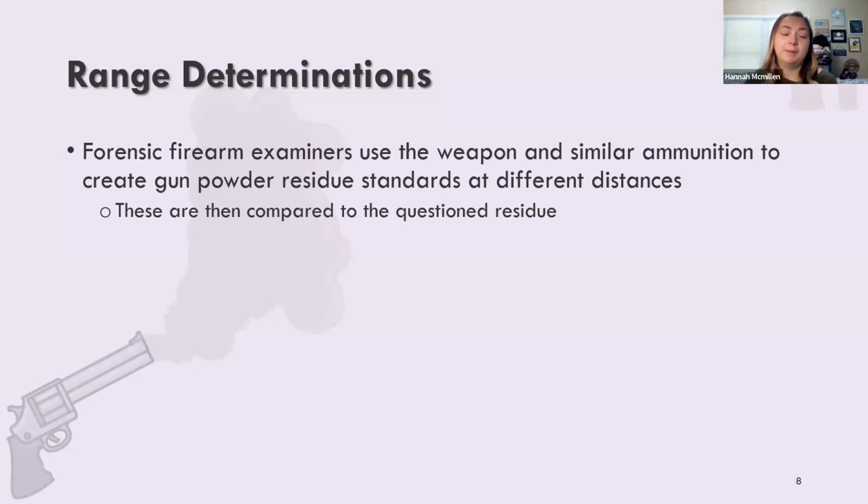So that way we can say, okay, based off of this specific firearm and this type of ammunition, we can say with a certain level of certainty that the suspect was standing at this distance from the target at the end of the day.